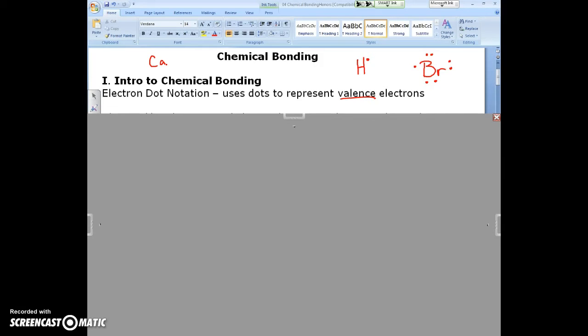You can also see that by its electron configuration: 1s2, 2s2, 2p6, 3s2, 3p6, and 4s2.